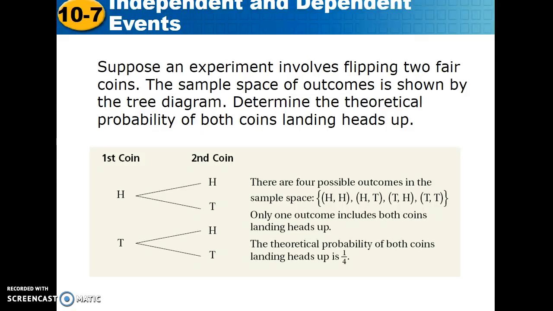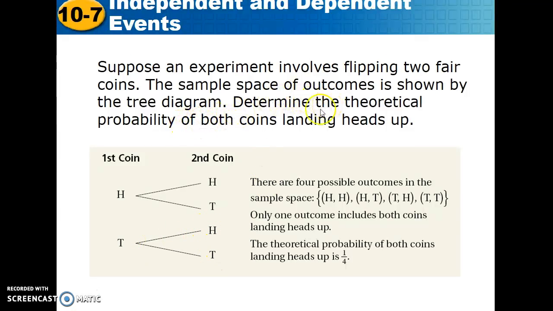So we're going to talk about theoretical probability that we discussed in lesson 10-7. Determine the theoretical probability of both coins landing heads up. The first coin can be heads. The second coin can then be heads or tails, followed by the same example, only flipping a tail first, followed by heads or tails.